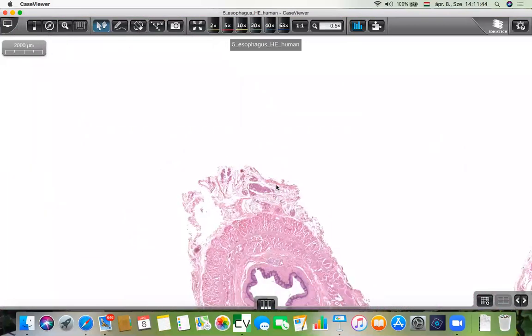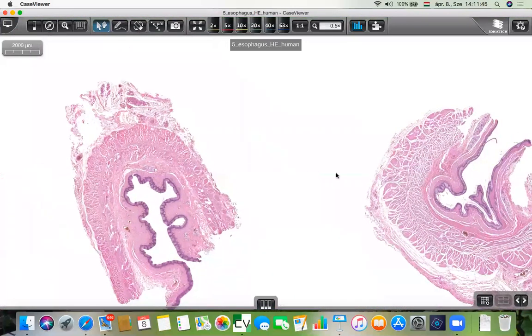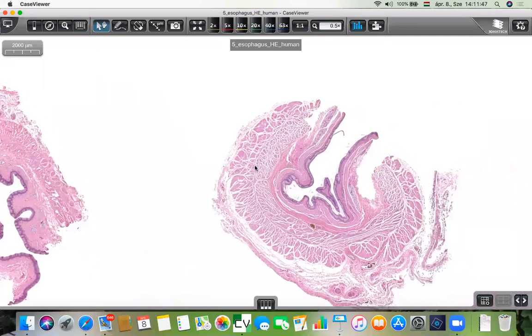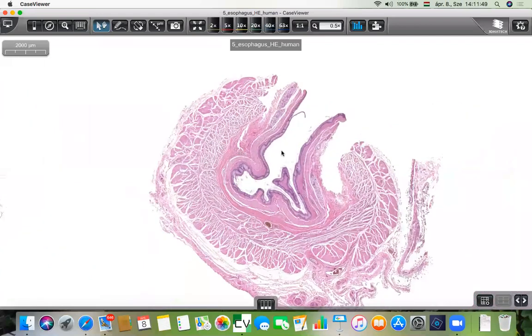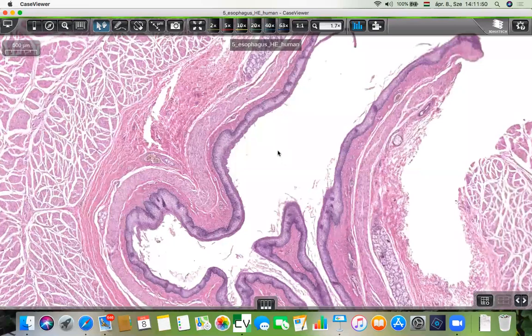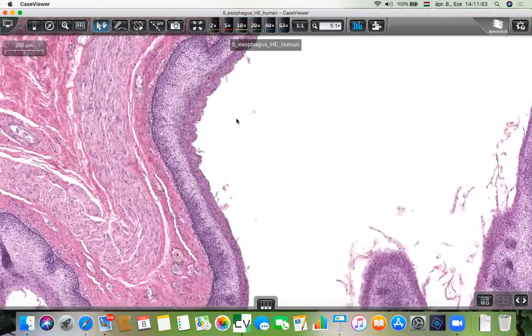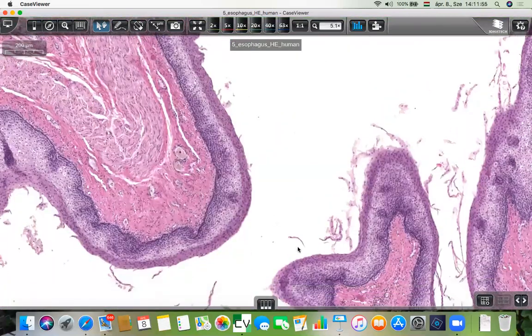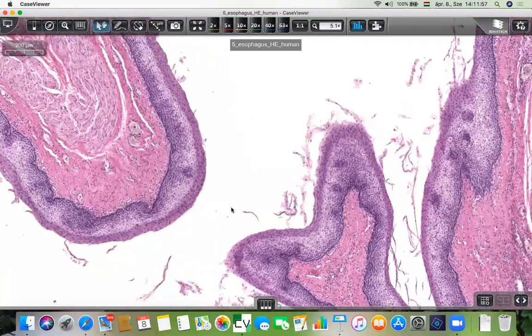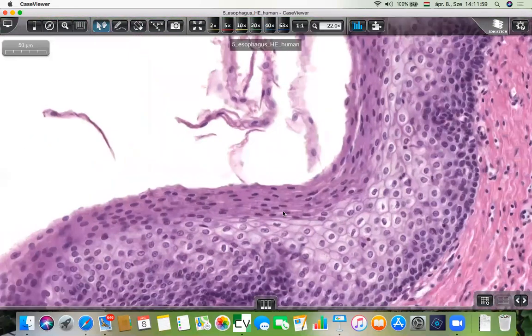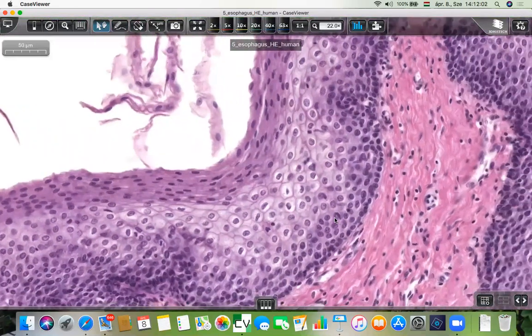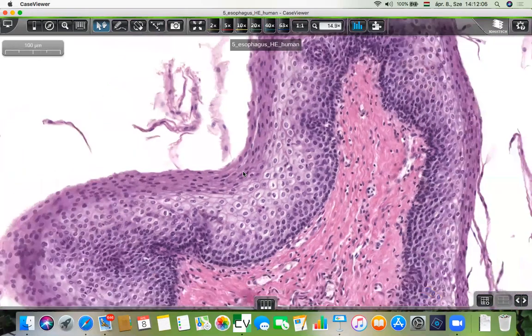Let's see the difference with the lower part. Look at that. The epithelium is the same, so stratified squamous non-keratinized epithelium. That's the same. So the stratum basale, stratum spinosum, and planocellulare.